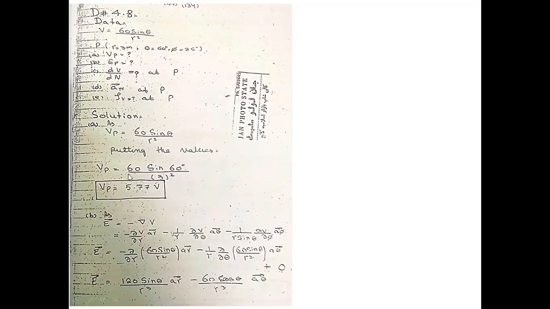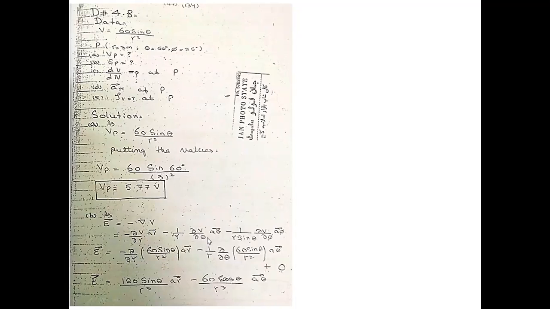Now we have to find the electric field intensity at that particular point. So using this expression, E is equal to minus gradient of V. So gradient of V is equal to the a_r and a_theta terms. Putting the values of V from the given equation, 60 sine theta over r square, for the a_r term, theta will be considered as constant, and the partial derivative will only be applied to the r square.